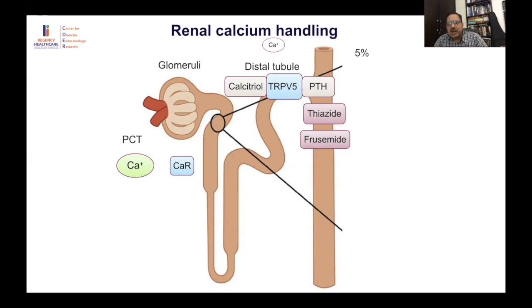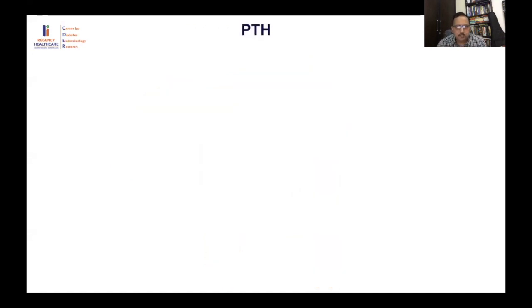The thiazide diuretic causes decrease in calcium excretion, so it is used in treatment of idiopathic hypercalciuria, while furosemide causes the opposite, it causes hypercalciuria. So long-term use of furosemide, particularly in newborns with chronic lung disease, may predispose them to hypercalciuria and nephrocalcinosis, which we need to be careful about.